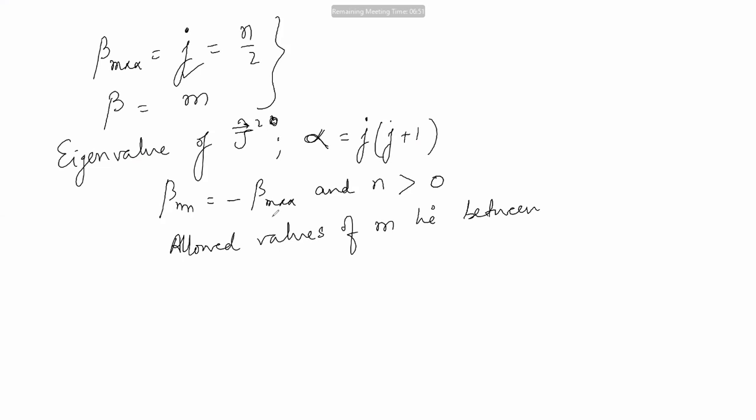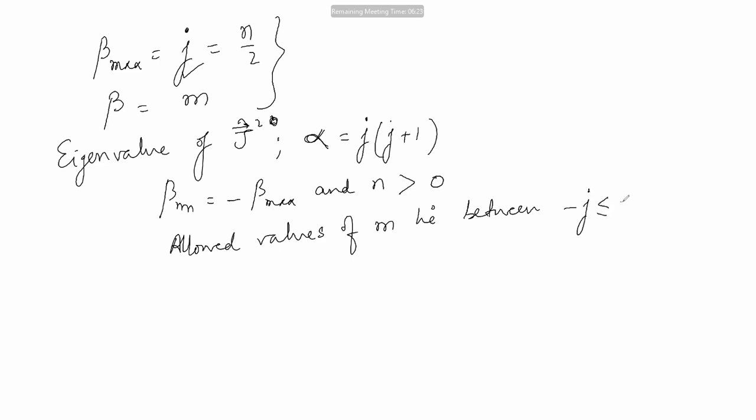What is beta min? Minus j. Beta min is minus of beta max, and beta max is j. Therefore, beta max is plus j and beta min is minus j. Therefore, my value of beta is, the top value is plus j and the bottom value is minus j.